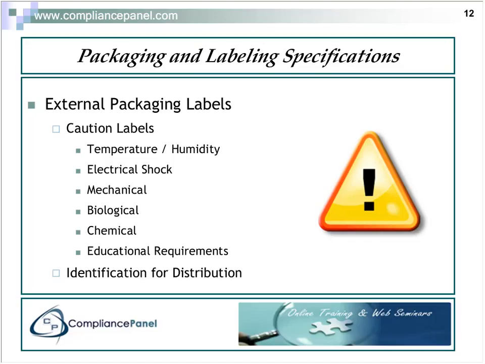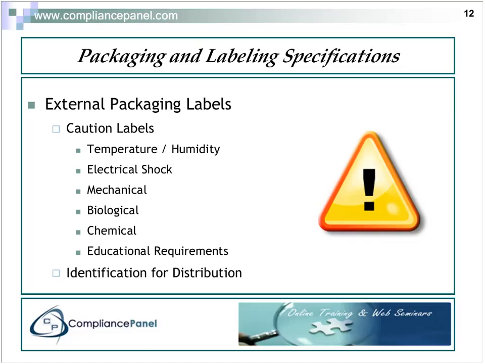So those are things that really have to be considered as part of this process of building your device master record. And one thing to note is, if you have a revision change, obviously, with your device or with any major subcomponent, that the device master record revision also changes.